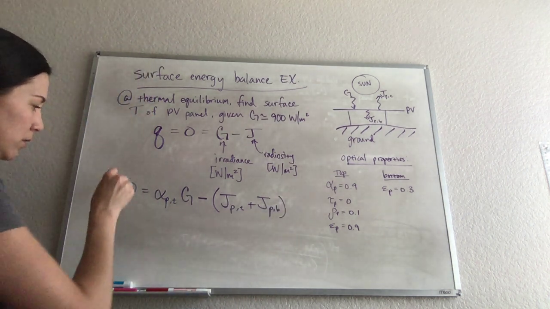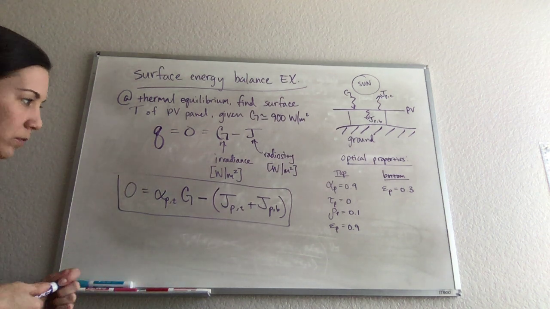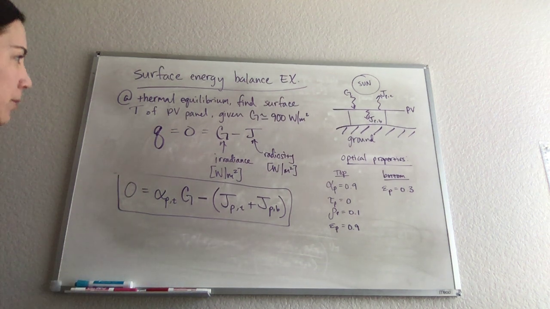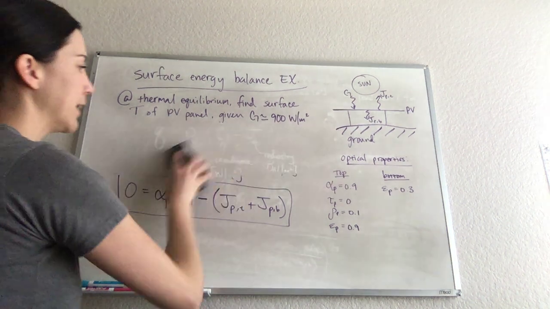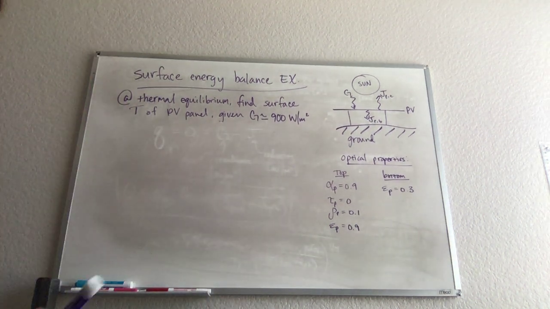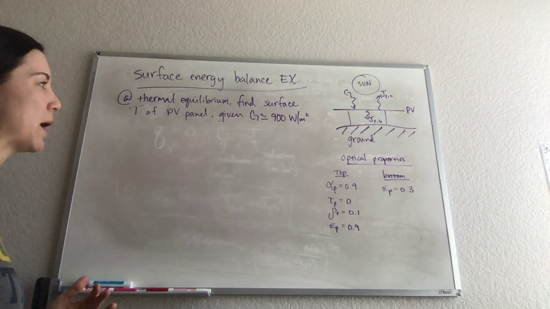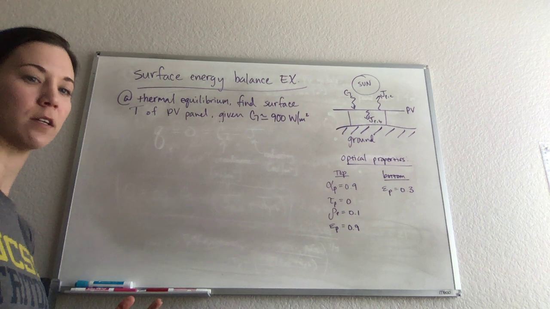All right, so this is where we start. So get that written down, and I'm going to erase this because my board is tiny. I've asked you for the surface temperature, and that equation that I just wrote doesn't have temperature in it anywhere. So we need to expand on J, that radiosity term.